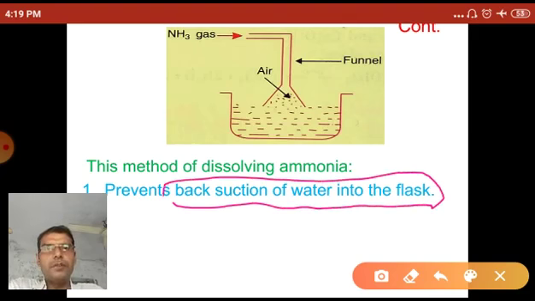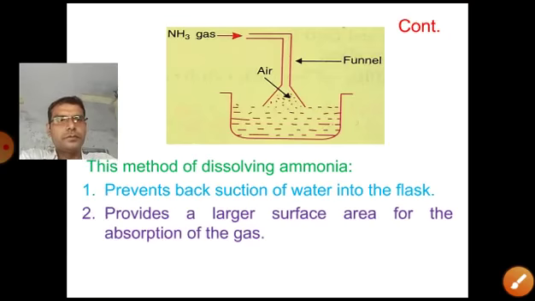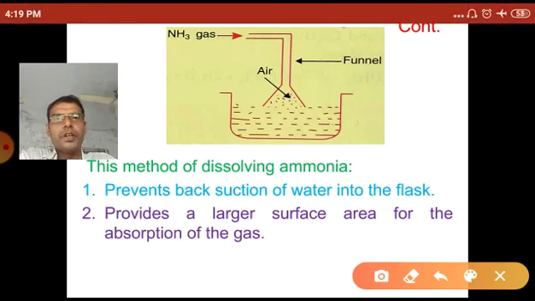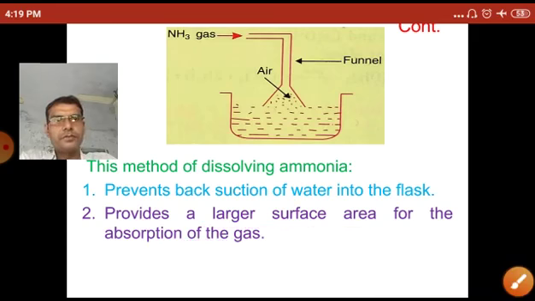Next, a benefit of this method: the inverted funnel provides a large surface area for the absorption of the gas, so a large amount of gas dissolves in the water, and back suction is also prevented.